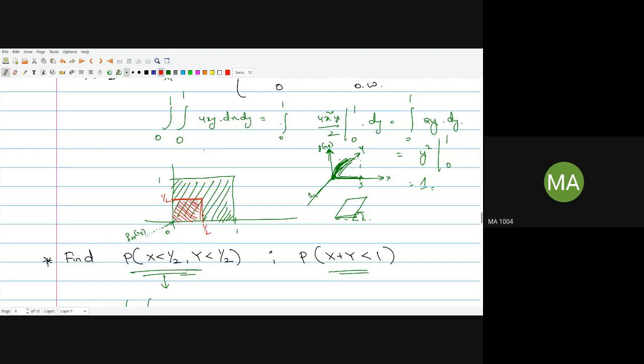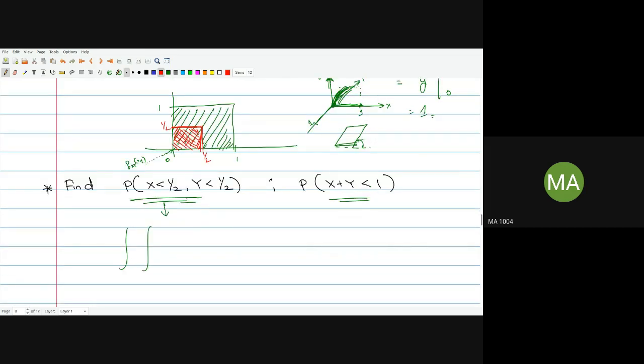It shouldn't be like this area divided by the total area, because the densities will change according to the values of x and y now. The density is not constant, not uniform. Now what you have to do is consider this region, and depending upon it, you apply the limits.